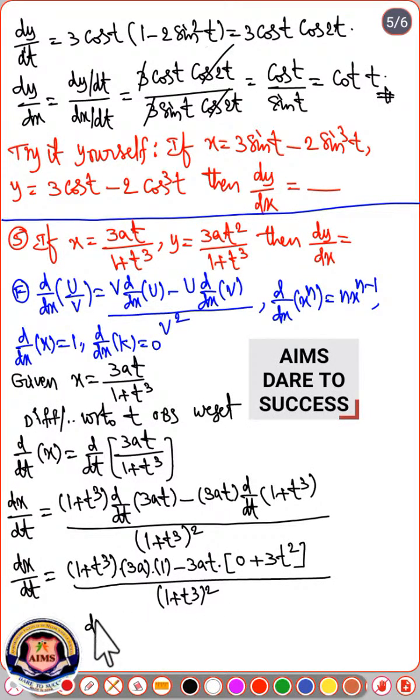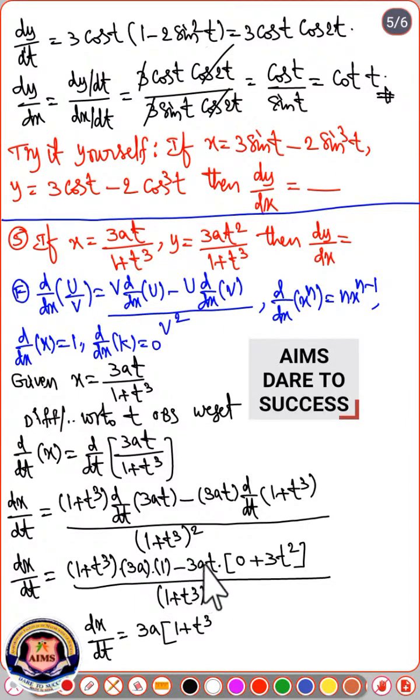So next value, dx by dt is equal to, we will take 3a common. Remaining value is 1 plus t cube.